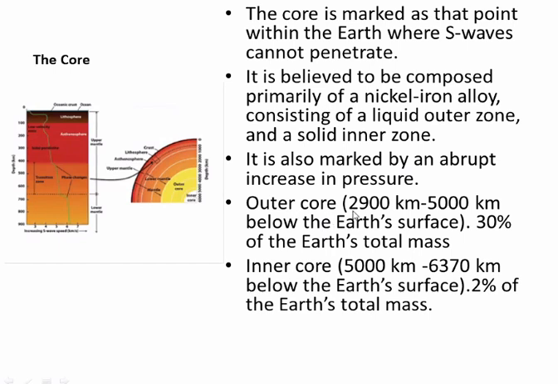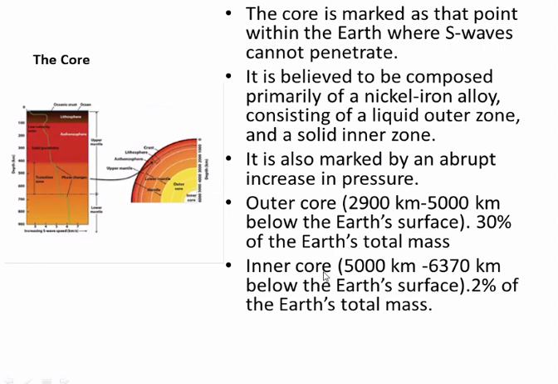If we want to distinguish the outer and inner core in terms of depth, then the outer core is shallower. The depth ranges from 2,900 kilometers to about 5,000 kilometers below the Earth's surface. The outer core contains about 30% of the total mass of the Earth.